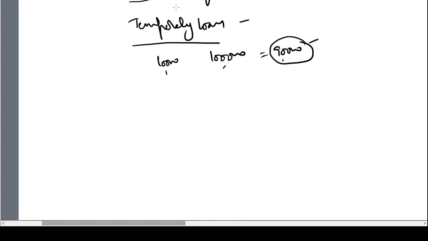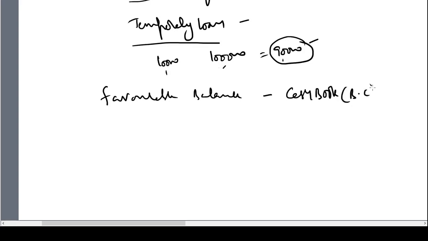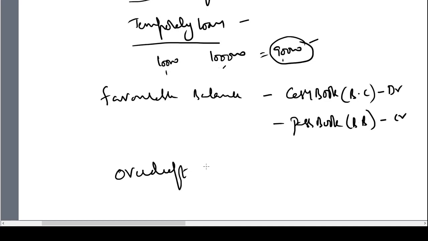So to summarize, favorable balance means cash book. Whenever we say cash book, we are referring to the bank column of the cash book. We'll say debit side balance, and passbook, that is the books of the bank, credit side balance. When we say overdraft balance, what is overdraft balance?